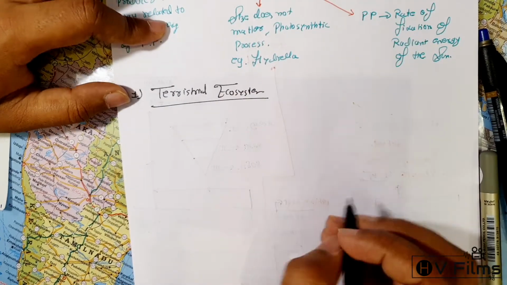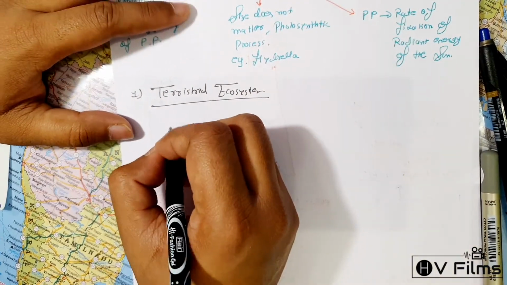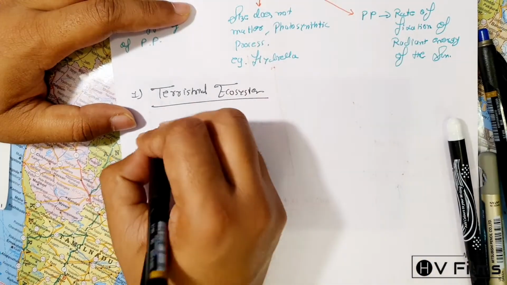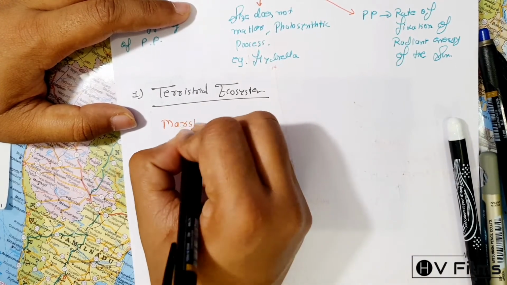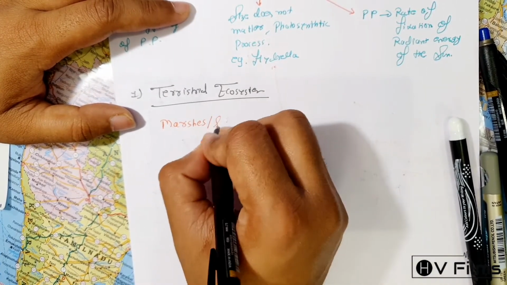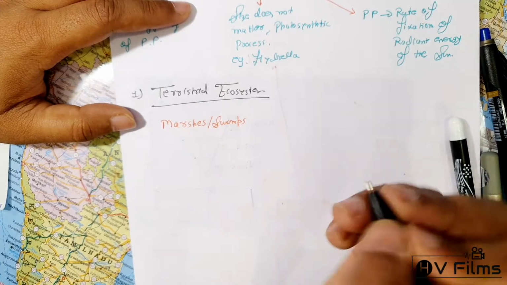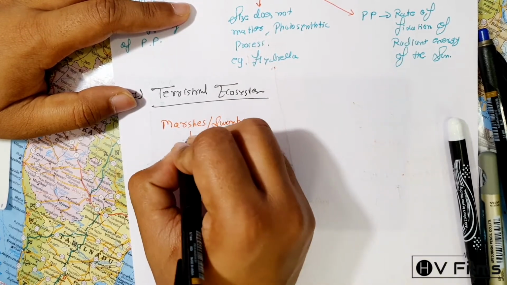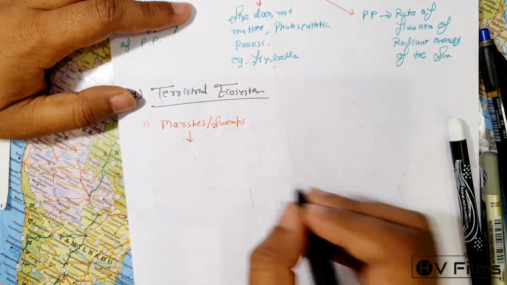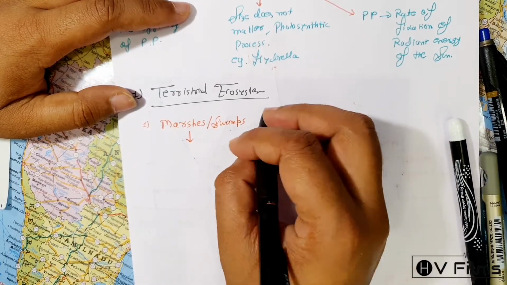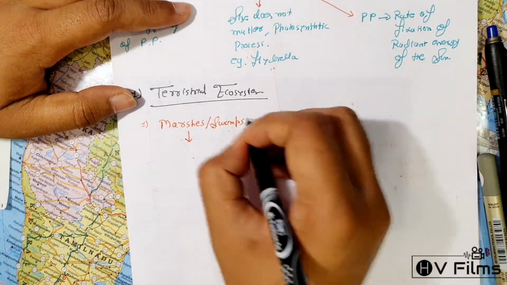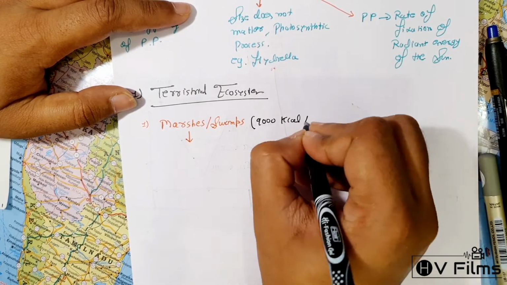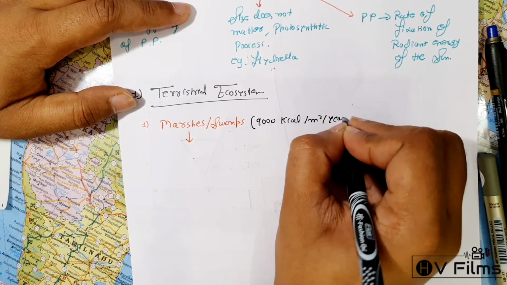Okay, so the highest productivity in an ecosystem is found in marshes, or you can say swamps. This is approximately 9,000 kilocalories per meter square per year.